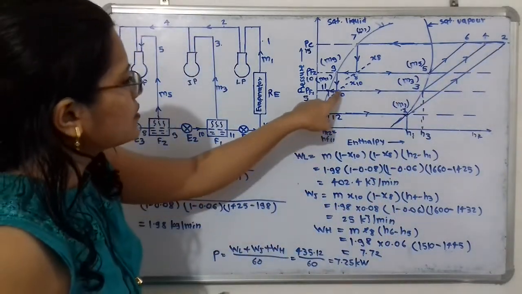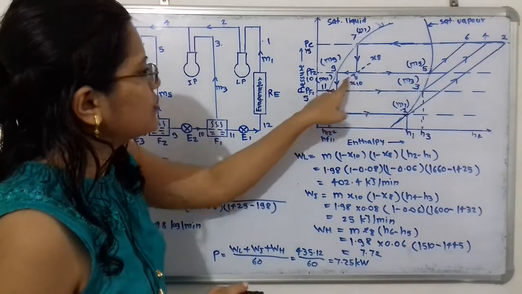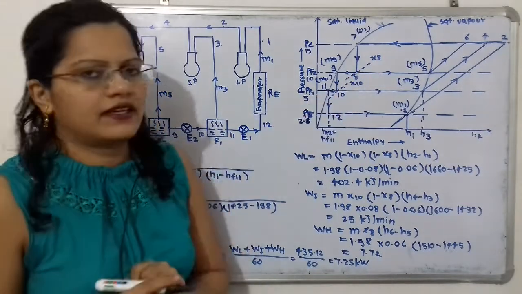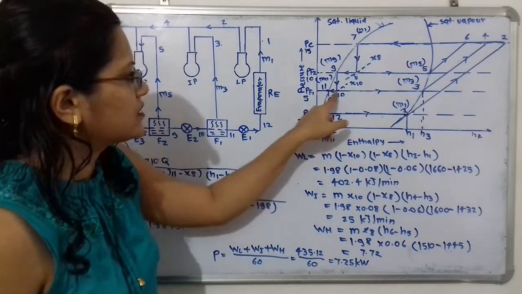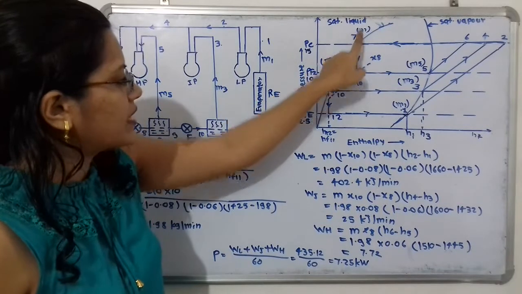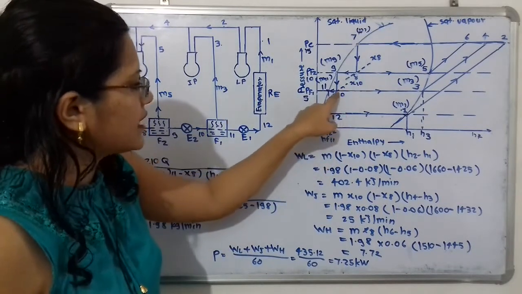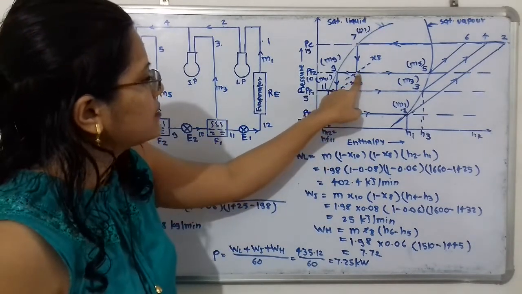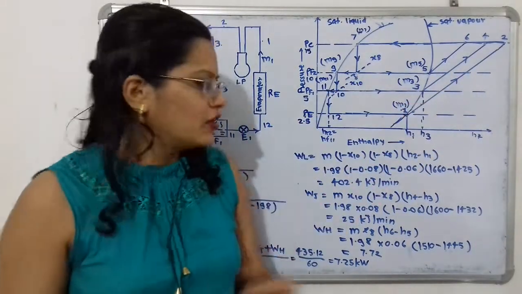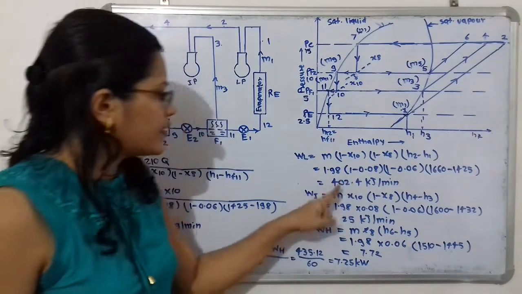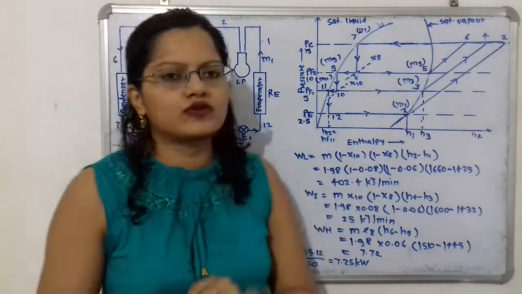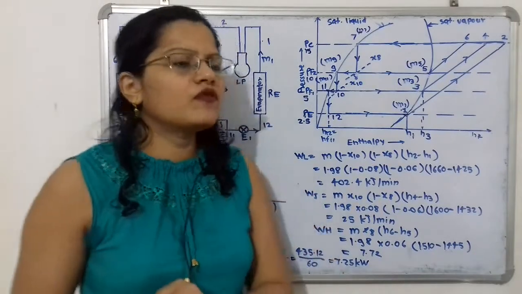We have to consider the dryness fraction at these two points, 8 and 10, because the compression process is taking place here. So M multiplied by (1 minus X10) multiplied by (1 minus X8) multiplied by this enthalpy difference. When we put all the values, we get WL equal to 402.4 kilojoule per minute. Now we will move to the next.